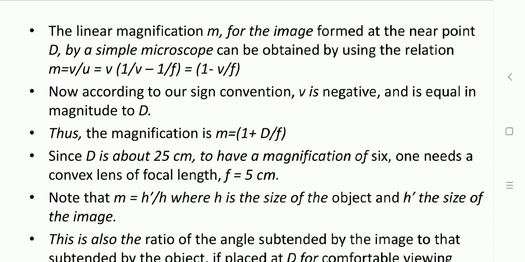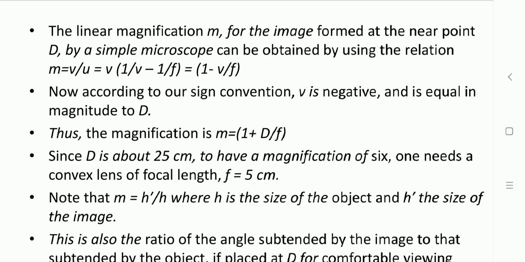If D is about 25 centimeter and we require a magnification of 6, then the focal length F should be 5 centimeter. We can also get the magnification from H dash by H, where H is the size of the object and H dash is the size of the image.